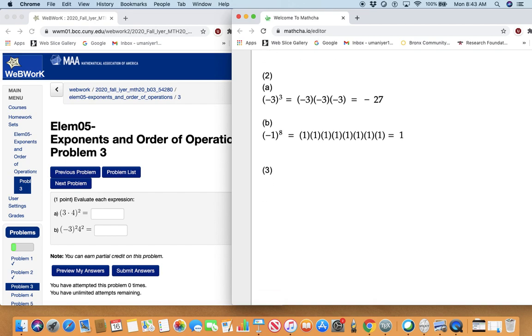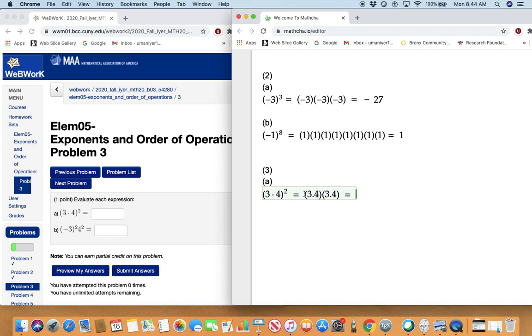Question 3. A part. Parenthesis 3 times 4, power 2. What this means is the parentheses repeats. First make sure you repeat the parentheses. Then you go inside: 3 times 4, 3 times 4.